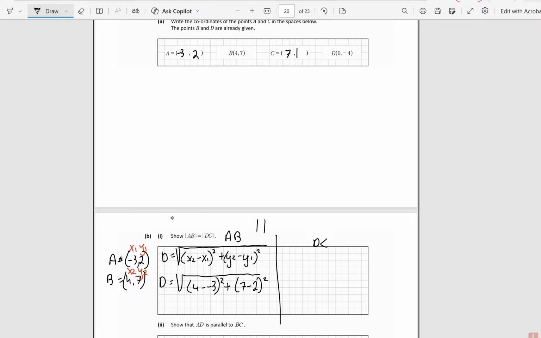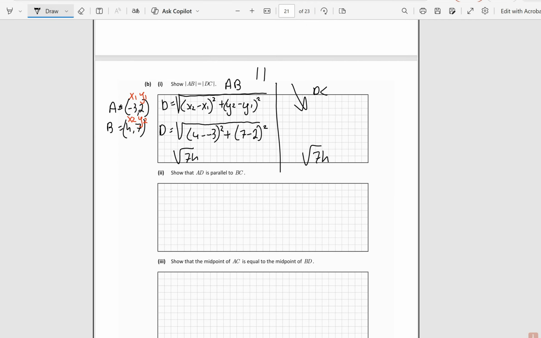If you throw that all into the calculator, you'll get the square root of 74. You can leave it at that, because when you go over here to do the same, using points C and D, into the same formula, what you'll get is the square root of 74 again. So I'm not going to do it all for you.